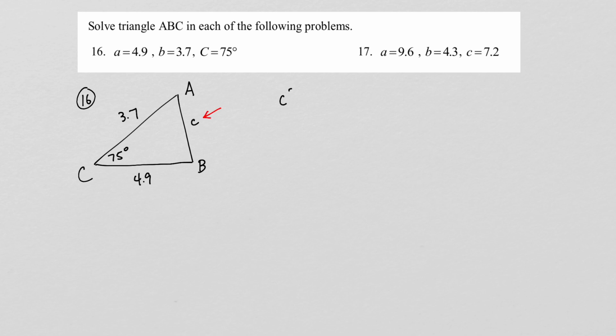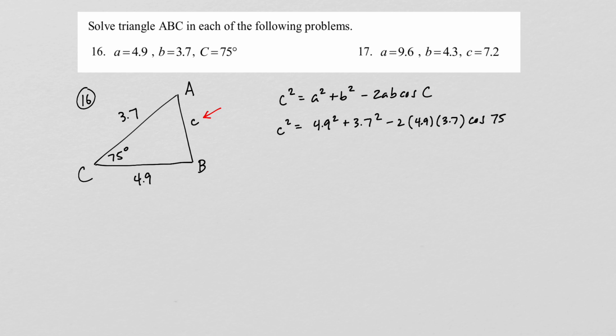So we know that c squared is equal to a squared plus b squared minus 2ab cosine of c. And so this says that c squared is equal to 4.9 squared plus 3.7 squared minus 2 times 4.9 times 3.7 times the cosine of 75 degrees.